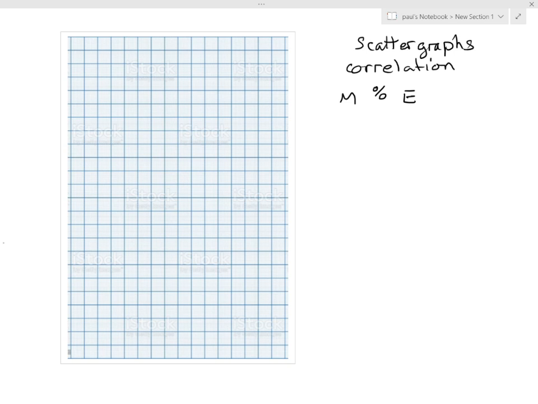And this information, you can only assess the information on the data that you're given, so don't go too crazy. So let's have a look at this. So we'll put a line down here, and we'll put another one over here, and we'll put some English percentage, and up here math percentage.